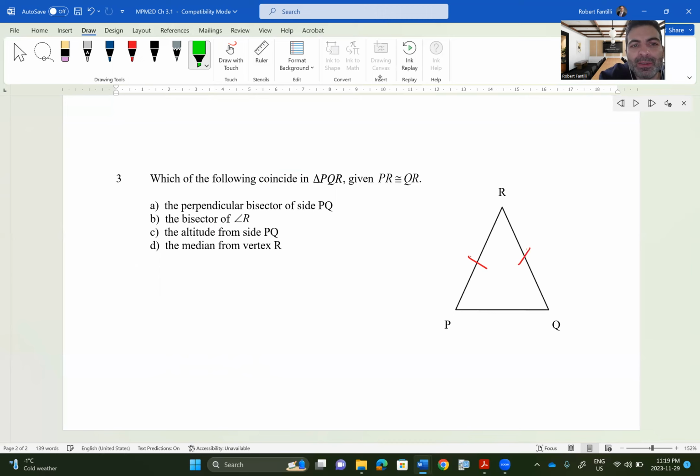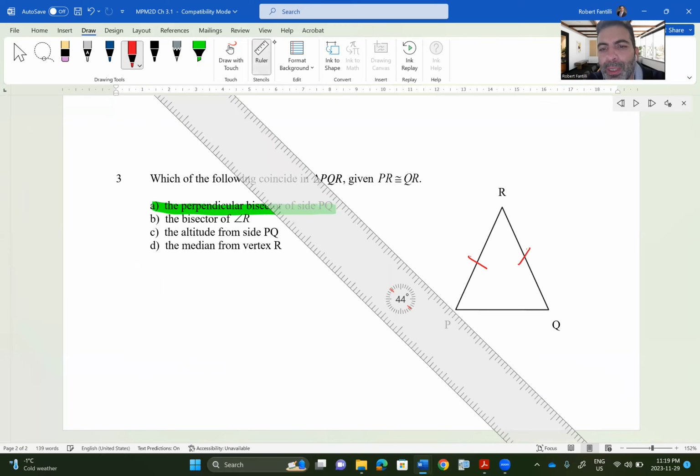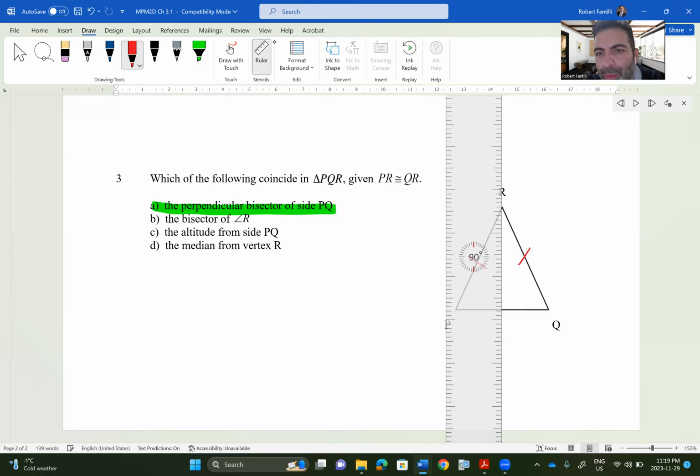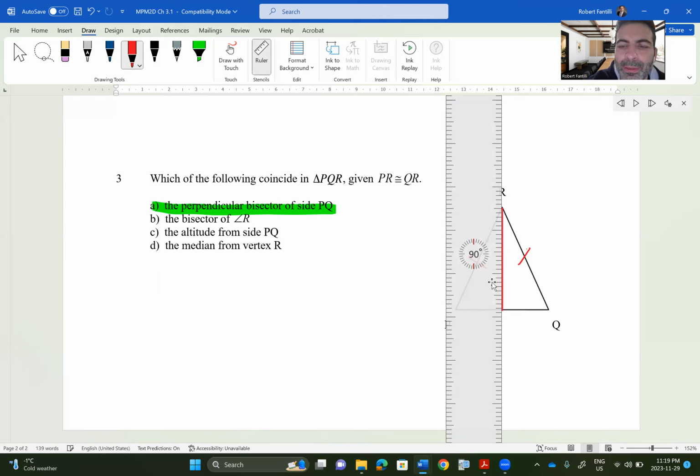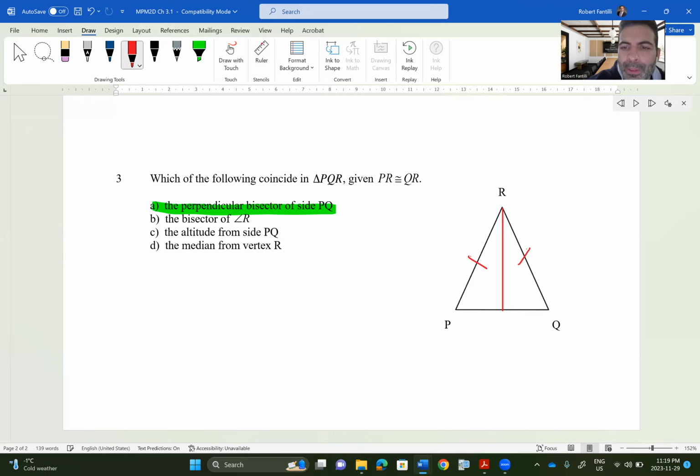It asks us if the perpendicular bisector of side PQ, well, the perpendicular bisector of side PQ would be a line that goes to the middle right through there. But because it's an isosceles triangle, that bisector, right angle, I'll do a hash mark here and a hash mark there. I'll make that a double because we want to differentiate between the two equal sides of the isosceles.